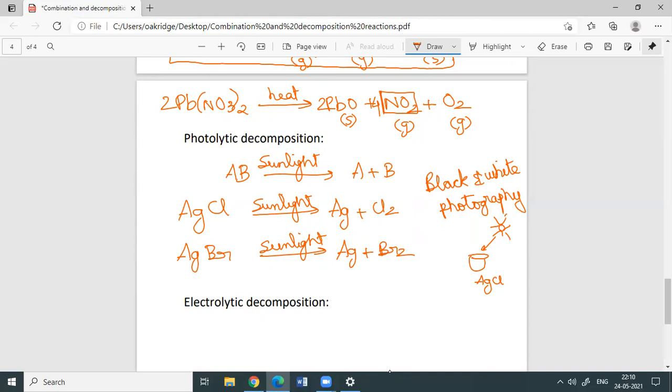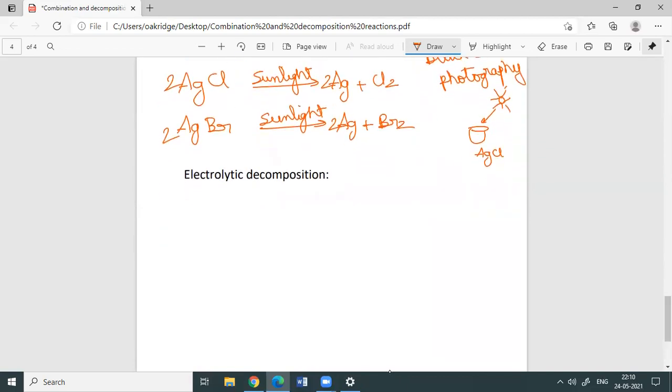So in that process AgCl or AgBr needs to be used. If we are balancing it, it's 2 AgCl and 2 AgBr, 2 Ag, 2 Ag. If you are not sure about balancing, please go to my previous videos where you can check balancing equations.